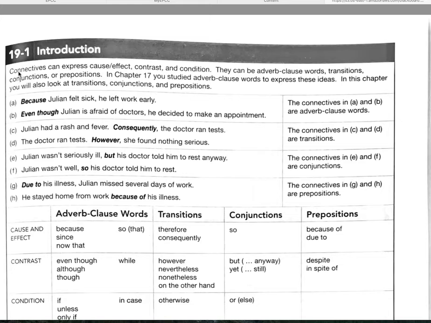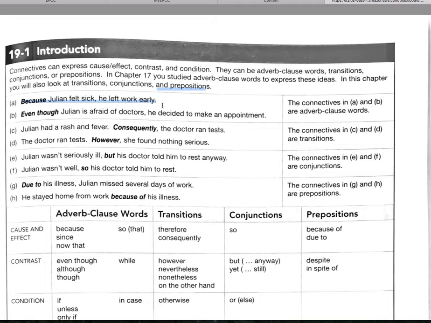Okay? So if we look at example A, because Julian felt sick, he left work early. So if you notice here, because Julian felt sick, he left work early. Because introduces the adverb clause. The adverb clause is first, so we use a comma, then followed by the main clause.